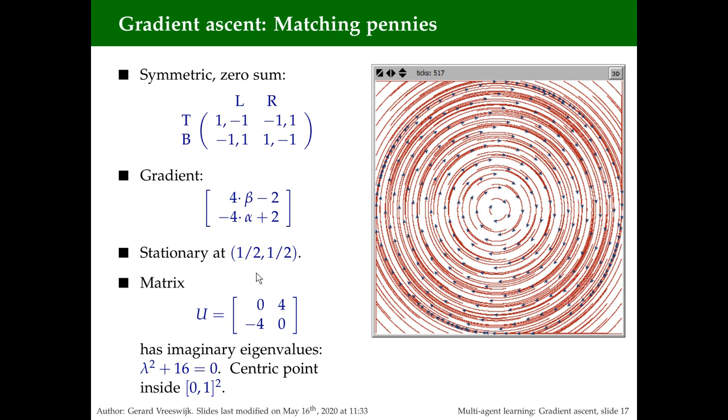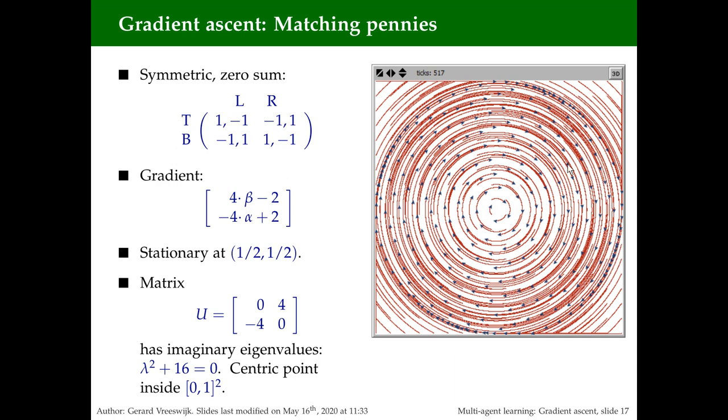And we have then, due to the result of Singh, Kearns and Mansour, a stationary point inside the unit square, which is the center of the dynamics. So here there's no convergence.